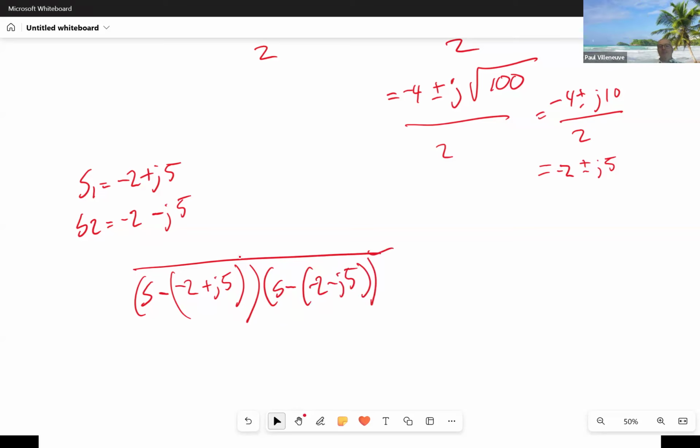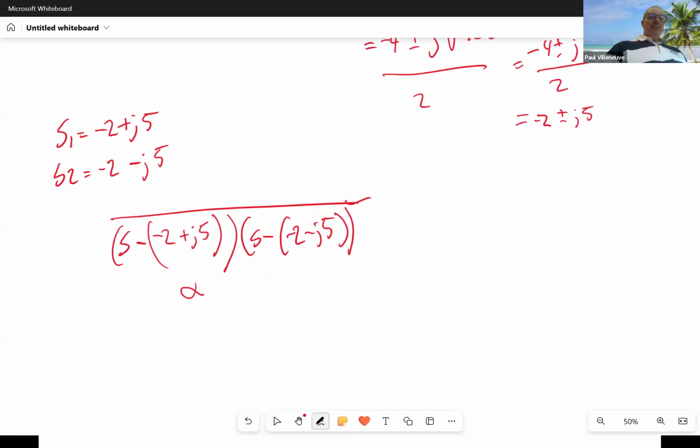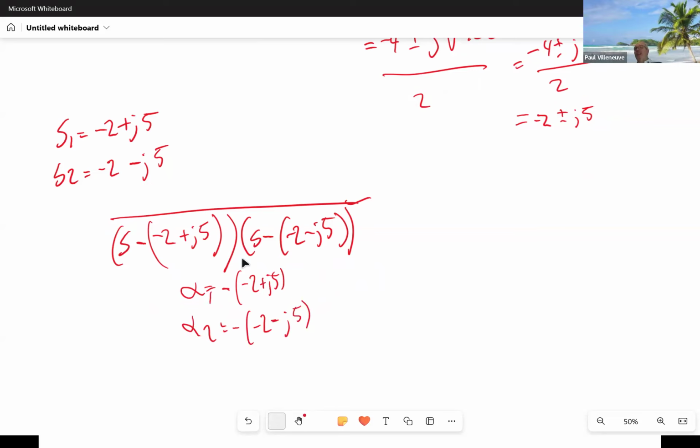That's a mess because we know what we just said. Alpha is going to be equal to -2 plus J5. That's alpha 1. And alpha 2 is equal to -2 minus J5, right? If we looked at our table.